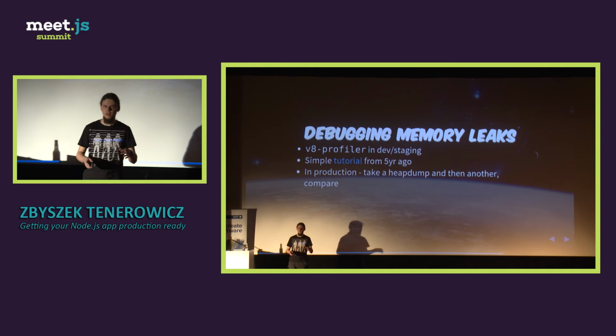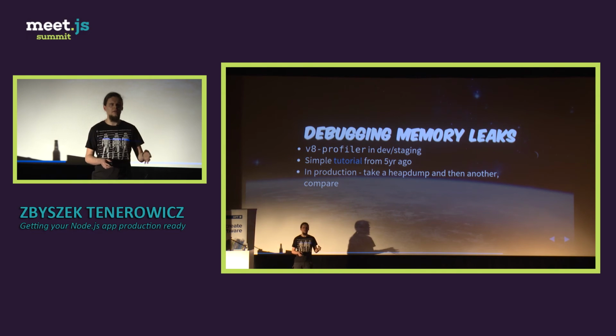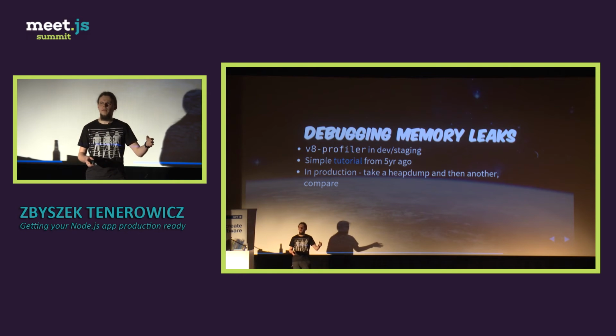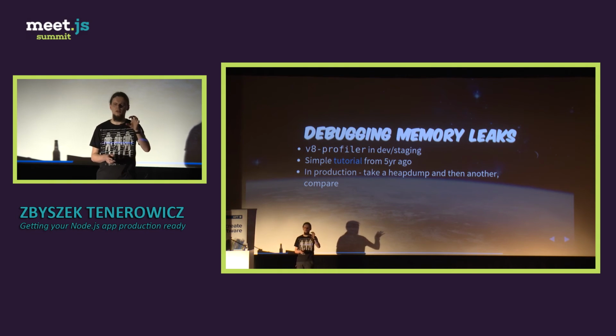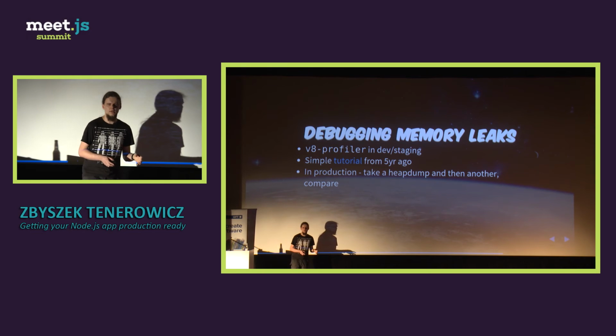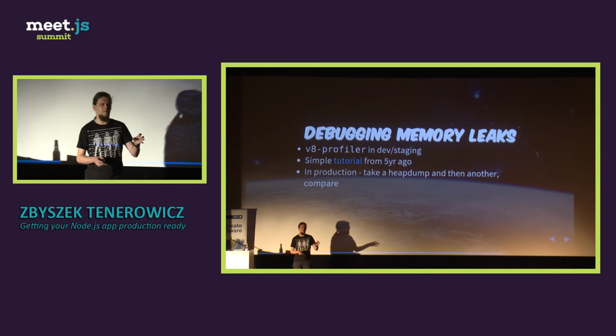But in production, if you have a memory leak that only happens there, which probably is the rule, you first encounter memory leaks in production, you have to use the heap dump. This is something that writes all your current memory to a file that is readable to your regular Chrome developer tools. So you make a heap dump, then you wait a minute and you make another one.